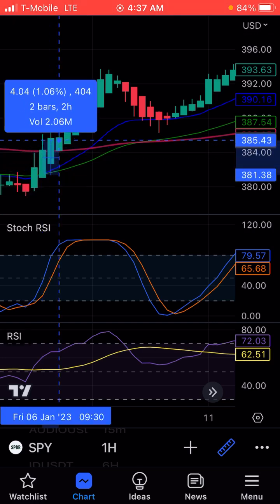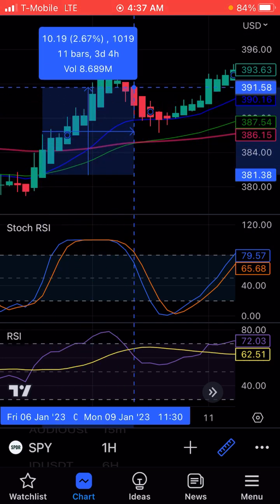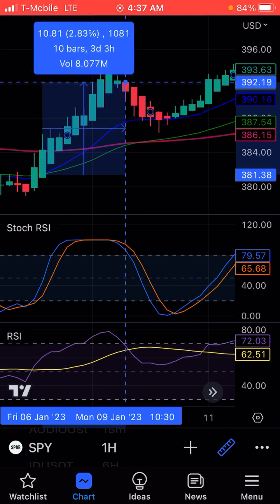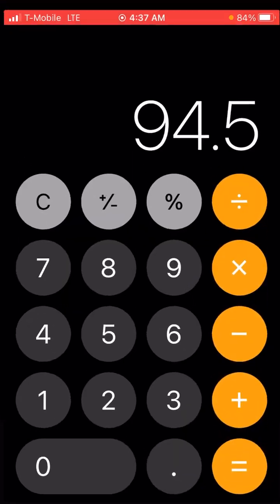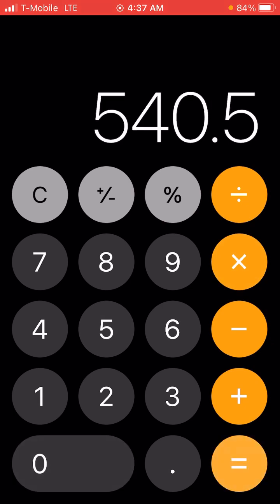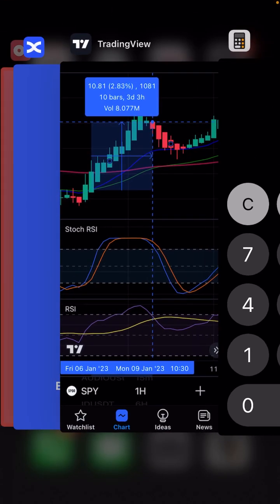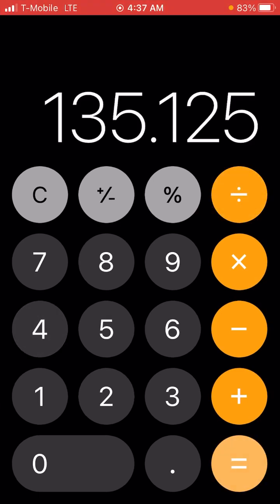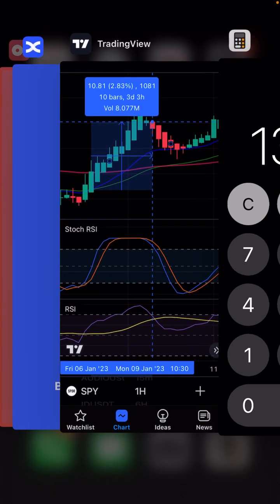We would ride this out and look at the RSI. We would get out right about here. 10.81 in 3 days. That's about 540 in 4 days. Divide that by 4, it's about $135 a day.